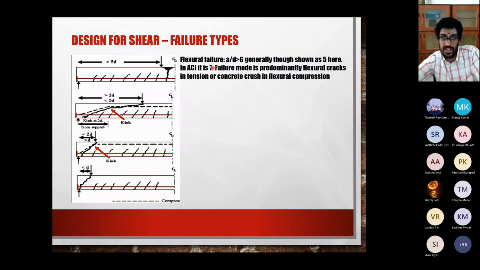Okay, so this is the normal failure which you have been studying in your previous beam design unit. Okay, proper flexural failure. So as long as you have a very large a by d ratio, shear span to depth ratio, then you will have this normal type of beam cracking in flexure.